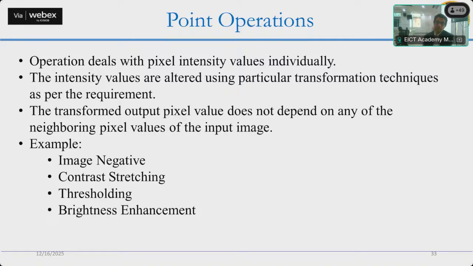Thresholding: what do we mean by thresholding? Thresholding means creating a boundary, creating different boundaries. Another is brightness enhancement. Just as when we stretch the contrast, for example, if the brightness is limited to some region, it can be enhanced to the other regions also.